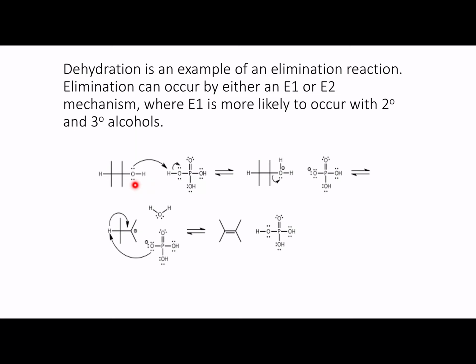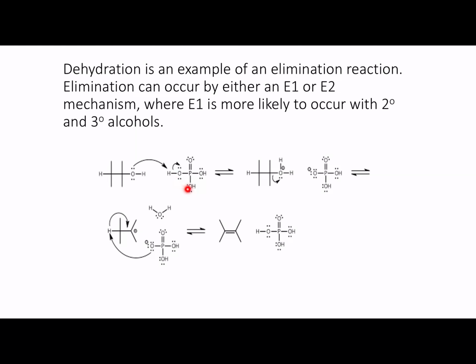In order to protonate, we need an acid catalyst, a strong acid. Concentrated phosphoric acid is going to be our acid catalyst. So the alcohol group is going to grab a proton from the acid functional group of the phosphoric acid.